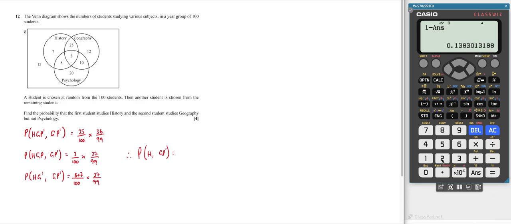So let's find out what that is. 25 over 100 times 36 over 99 plus 3 over 100 times 37 over 99 plus 8 plus 7, 15 over 100 times 37 over 99 is 87 over 550. Over 550. And that is that paper done.